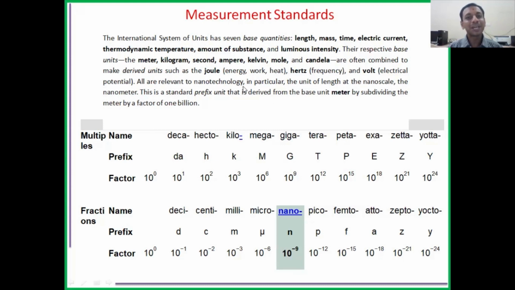All are relevant to nanotechnology. In particular, the unit of length at the nanoscale, we can call nanometer. Here I already highlighted nano, 10 raised to minus 9. People will talk in future about the picometer also, 10 raised to minus 12. So this is the nano world.